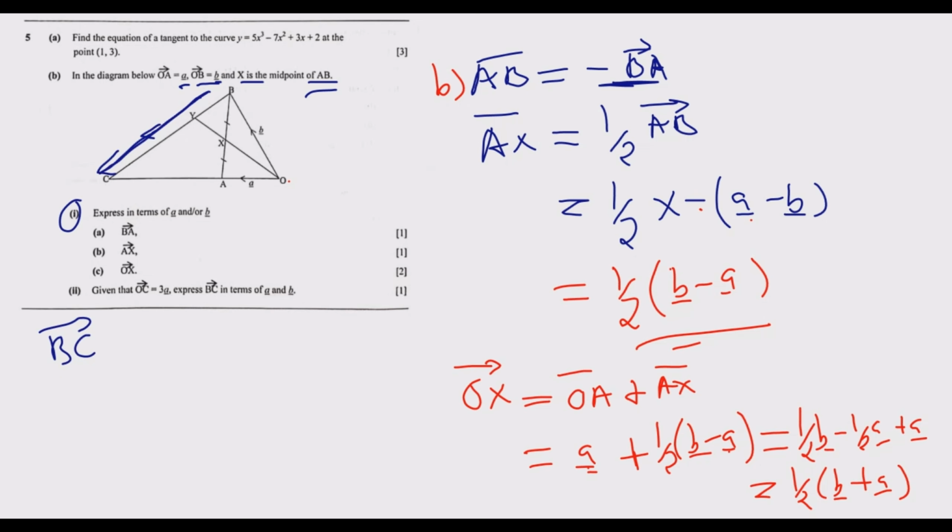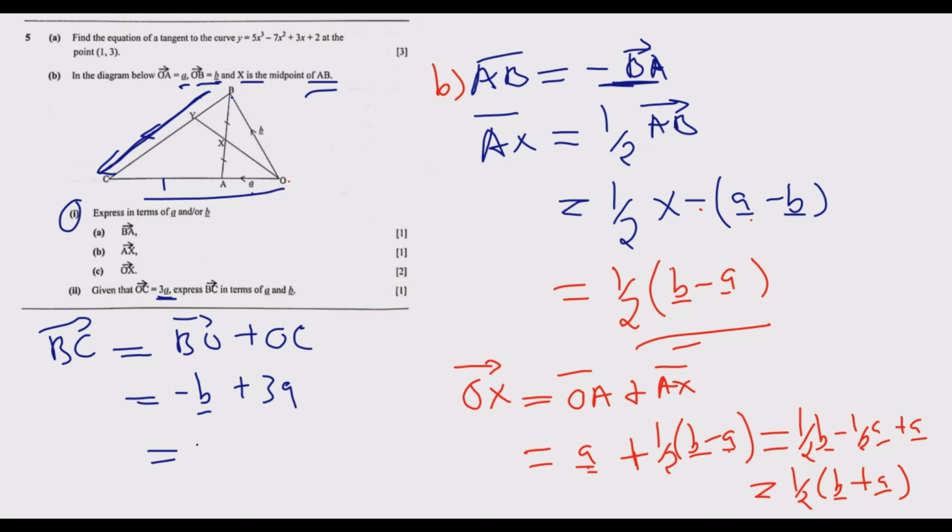To go from B to C, we move from B to O, which is the opposite of OB, then proceed from O to C. OB is B, but BO is negative B. Then plus OC, from O to C, which is 3A.